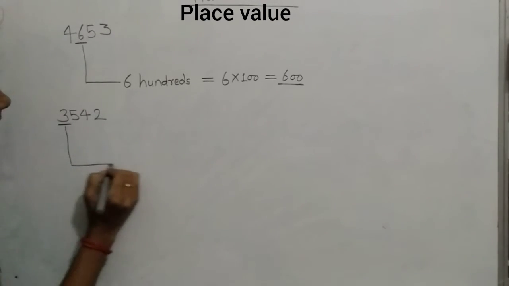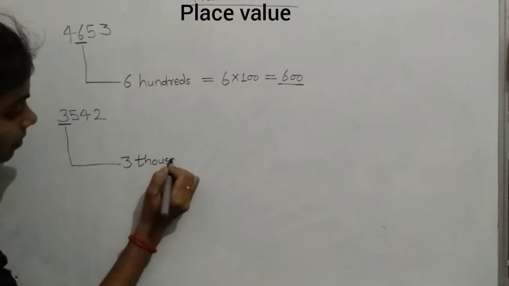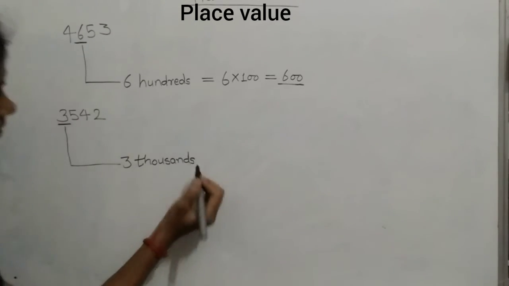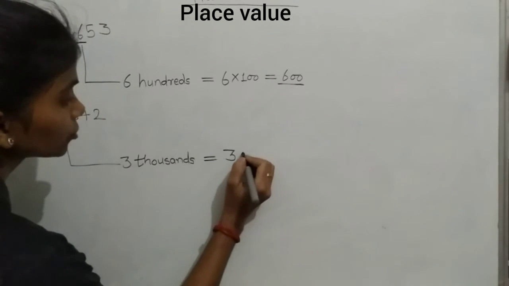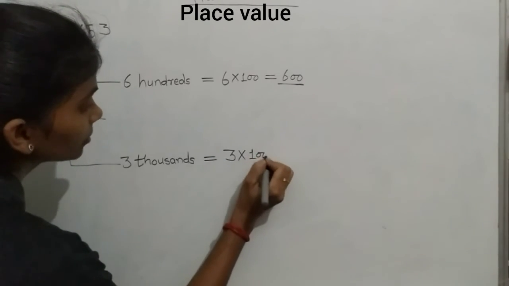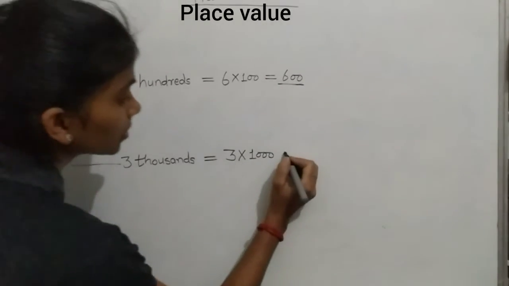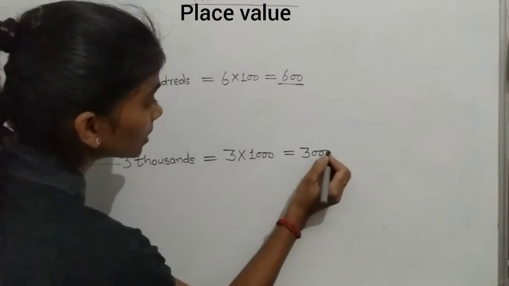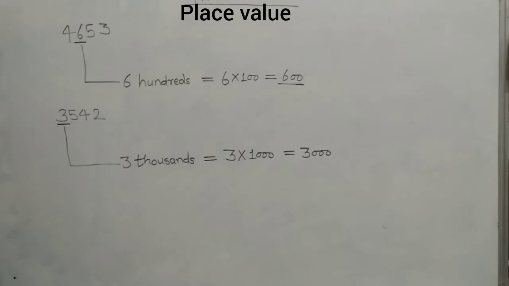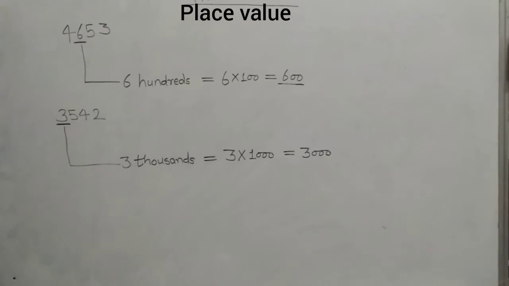So we will write 3000 and it can be written as, इसको हम कैसे लिख सकते हैं, 3 मल्टीप्लाई बाई 1000. हम उसके प्लेस से उसमें मल्टीप्लाई कर देते हैं. सो दिस इज इक्वल टू 3000. Okay, so the place value of the underlined digit, that is 3, is equal to 3000.